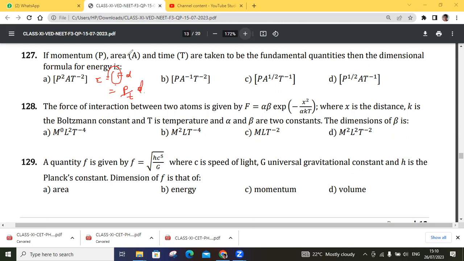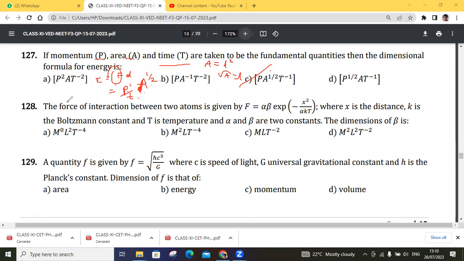Area is equal to length square, so length is equal to root a. Displacement is like length, so write it as a power 1 by 2. So it is p power 1, a power 1 by 2, t power minus 1. Option C.